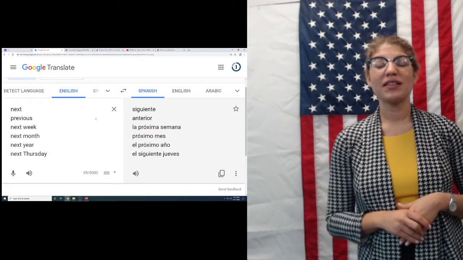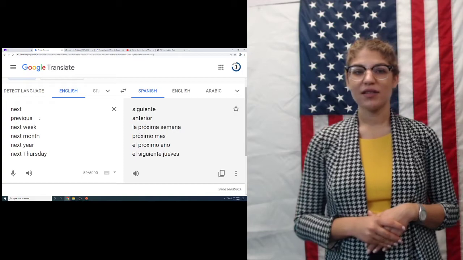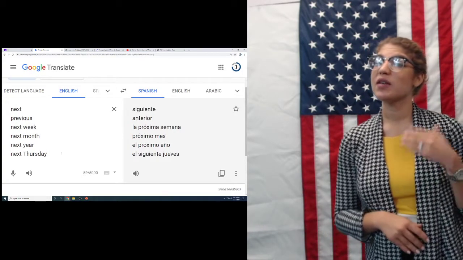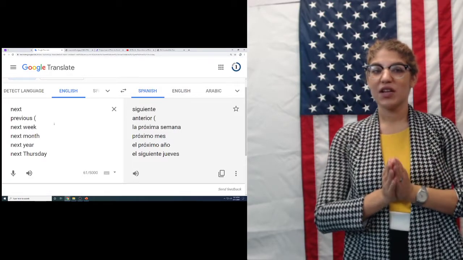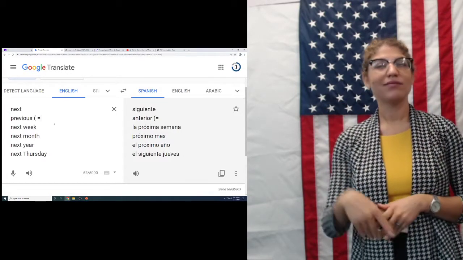Now let's use some examples with the word previous. In parentheses, we can say that previous is equal to the word last. So the previous week or last week.